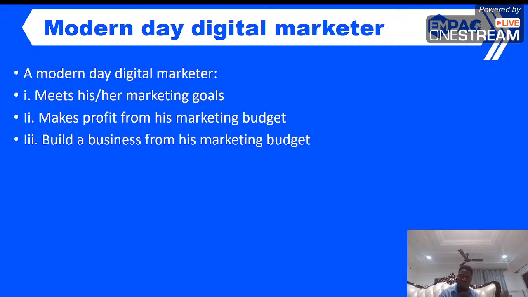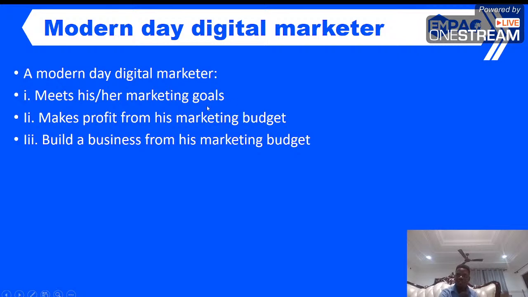Now, as a digital marketer with a 50,000 budget, I need to first market to meet the goals of my father, and I also need to make profit from the 50,000 budget that has been given to me. So you don't just throw the 50,000 away, meet the marketing goals, and assume that you are a champion. No, a digital marketer makes profit from his marketing budget.